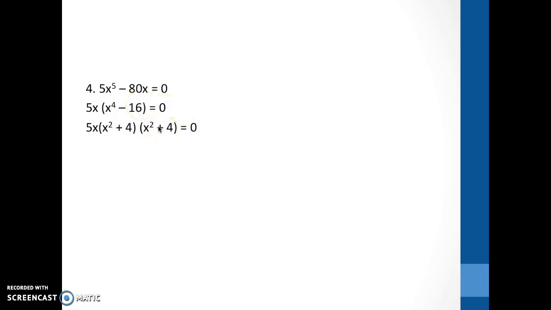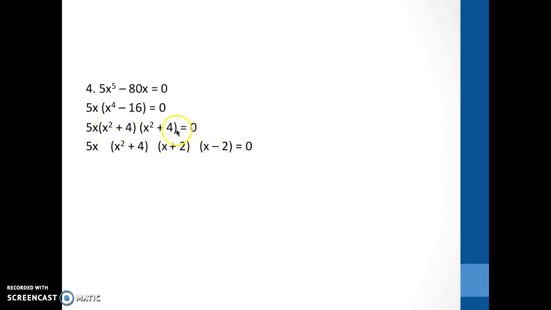I apologize, this should be negative 4 right here. So we're left with a positive 4 and a negative 4, and these cancel out the middle term, so 4 and negative 4 multiplied together equals negative 16.